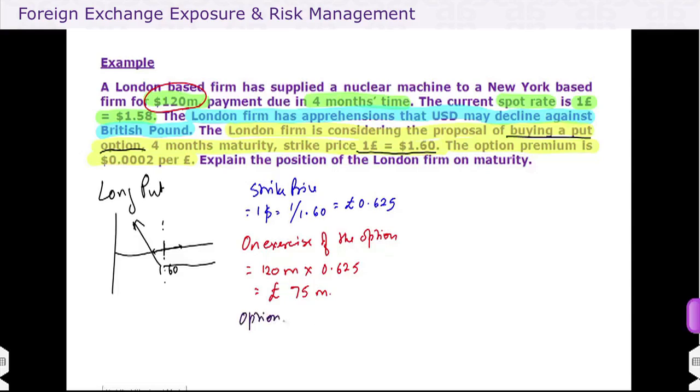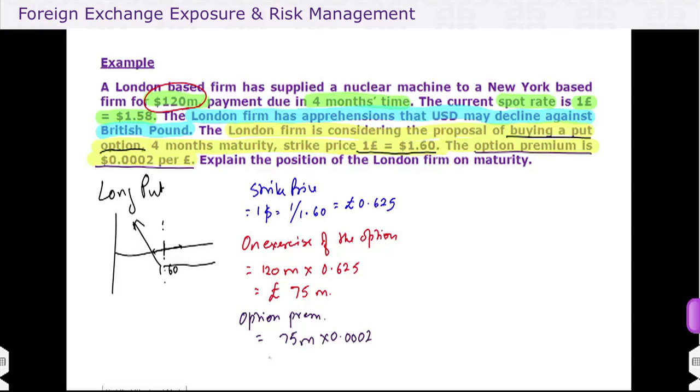Now the option premium, just to continue with the given information, the option premium that needs to be paid will be, the rate that we are saying is, $0.0002 per pound sterling. So 75 million pound sterling into 0.0002.